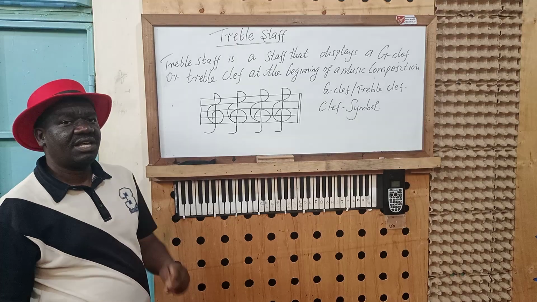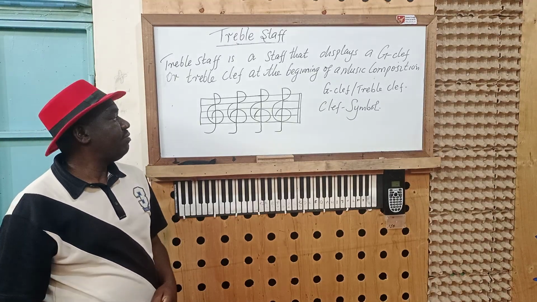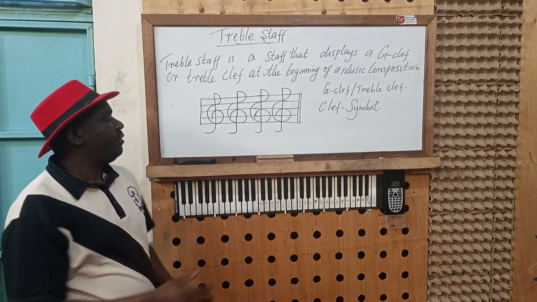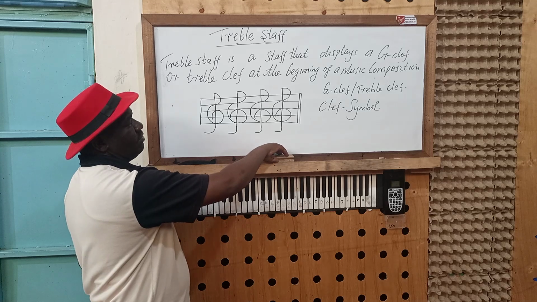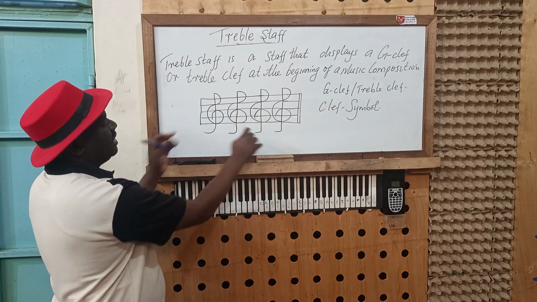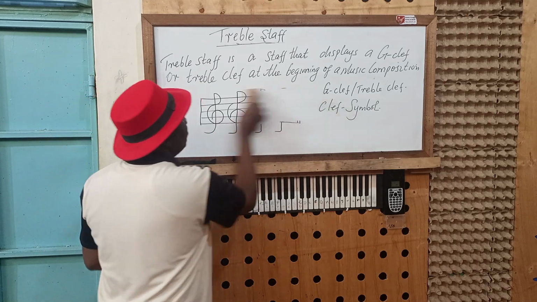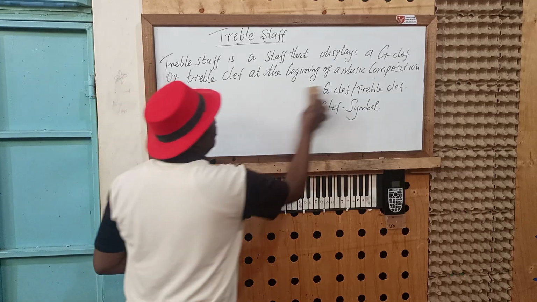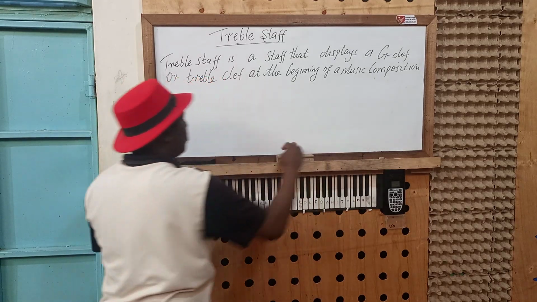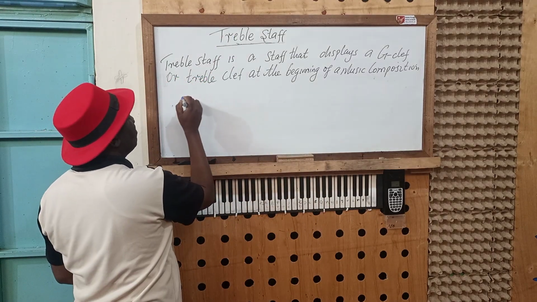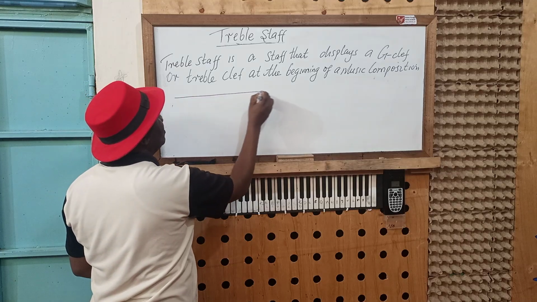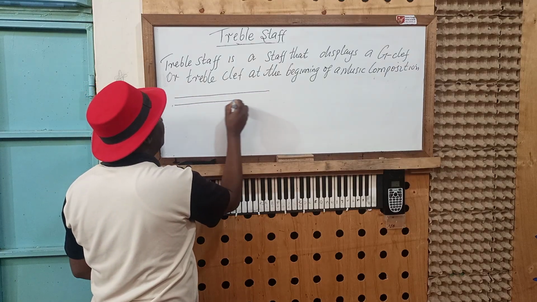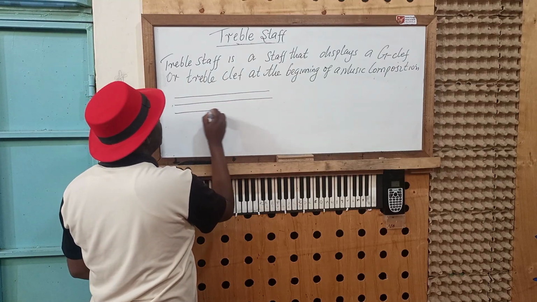able to get the G clef. So this is, if I may now stick to our topic, the treble staff. So just draw a staff like that.